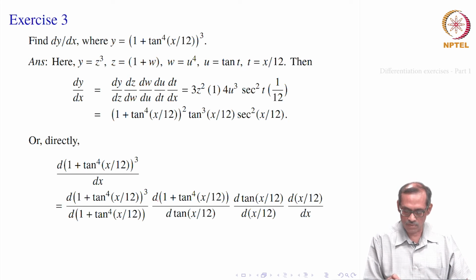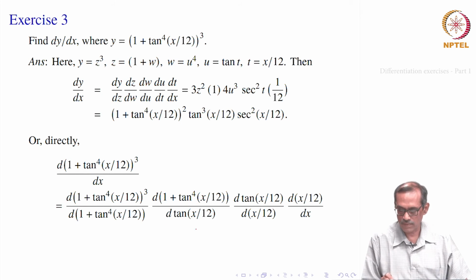Then dz by dw would look like d of 1 plus tan fourth x by 12 divided by d tan x by 12, then d tan x by 12 over dx by 12 and dx by 12 over dx.